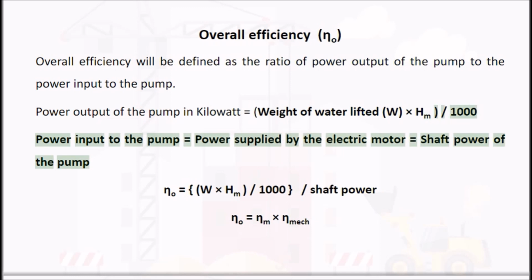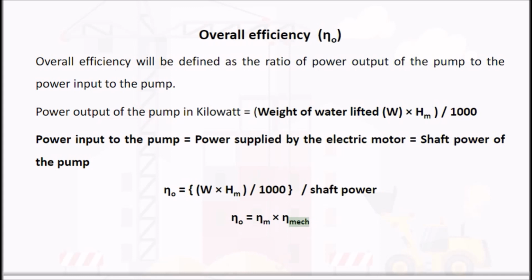Power input to the pump equals power supplied by the electric motor equals shaft power of the pump. Eta o equals W times Hm over 1000 shaft power. Eta o equals eta man times eta mech.